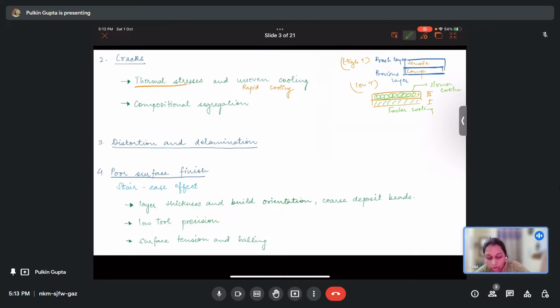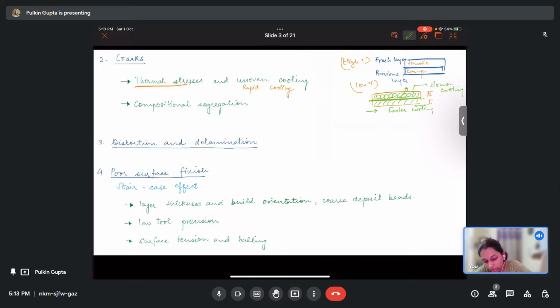Because of faster cooling, this bottom layer will try to shrink faster, and the layer above will develop resistance to this shrinkage. Hence, in this tug-of-war like situation, cracks develop at this interface.